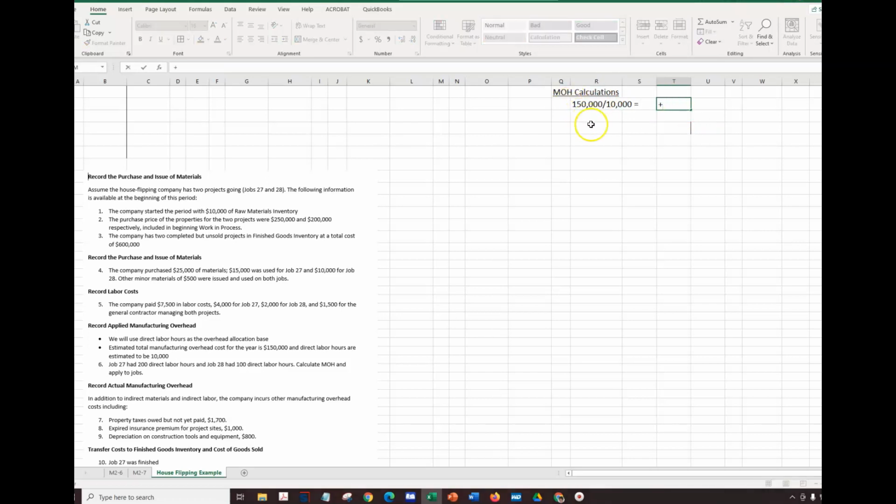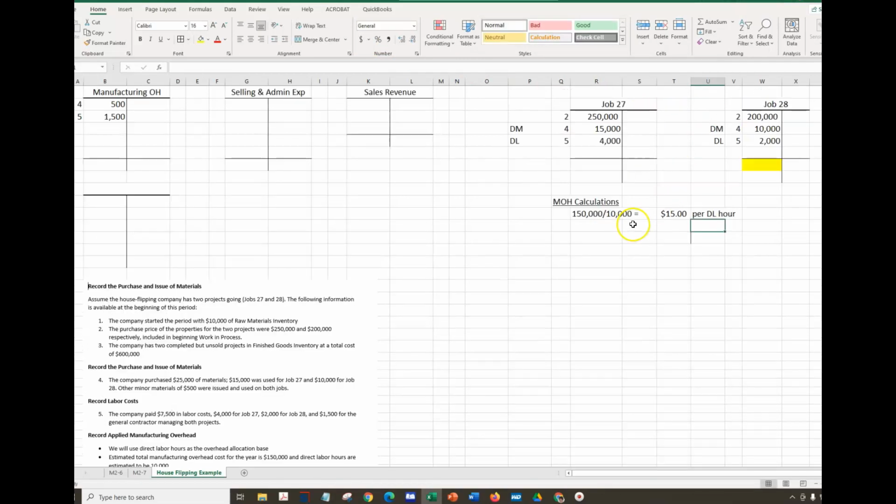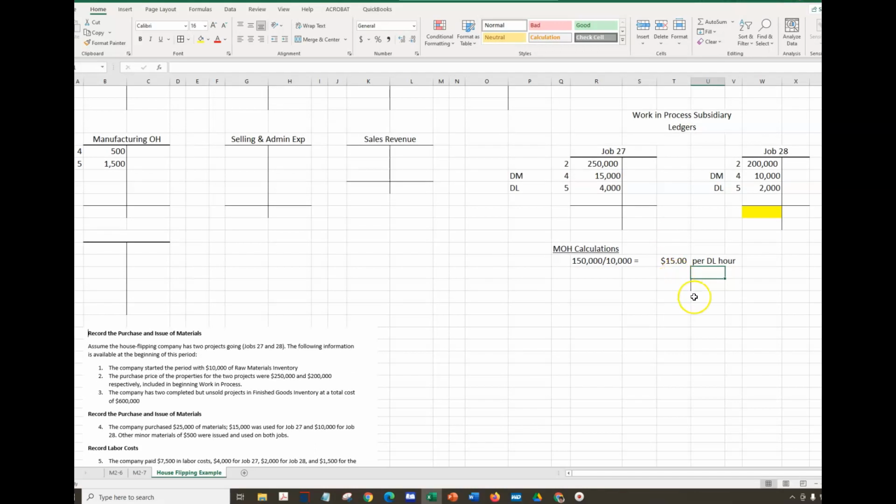So we take 150,000 divided by 10,000, and we get 15. That's $15 per direct labor hour. That's how we're going to apply overhead.